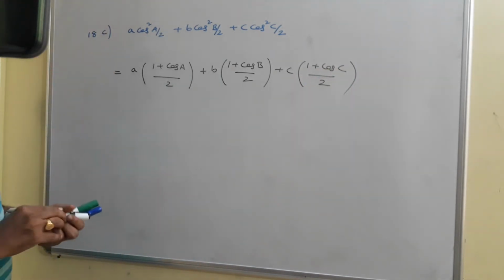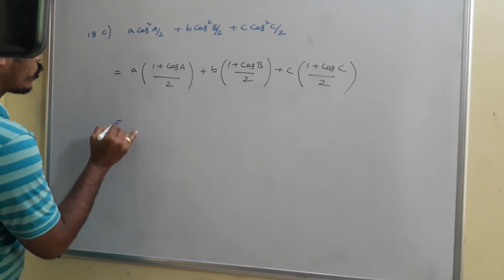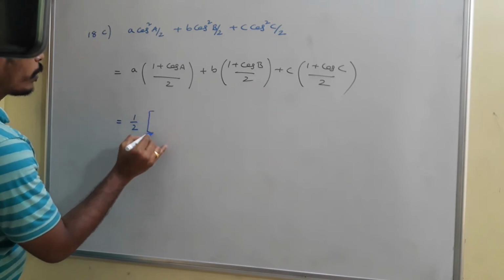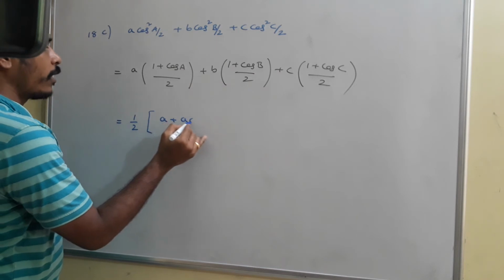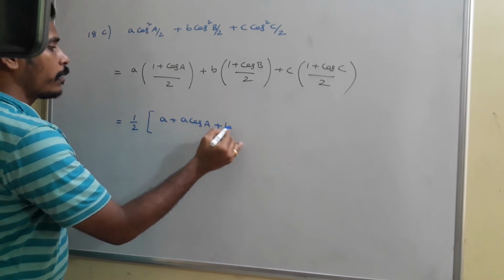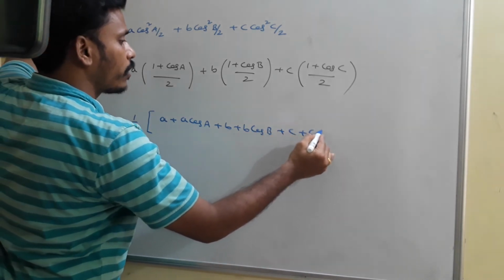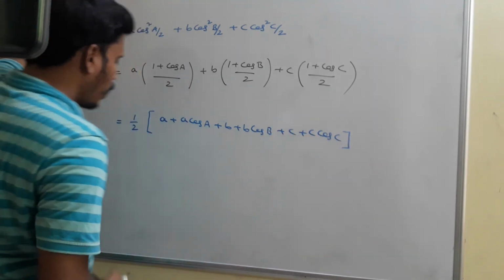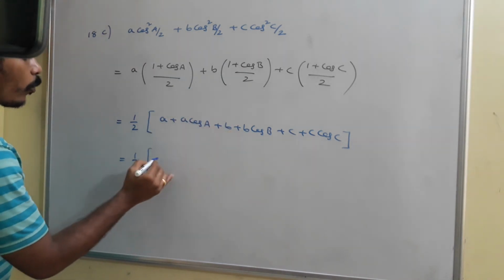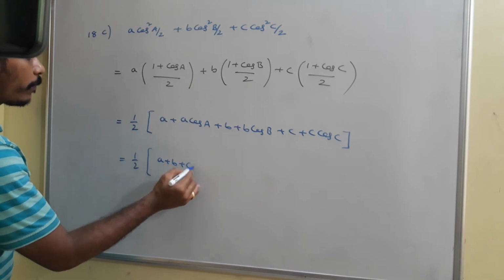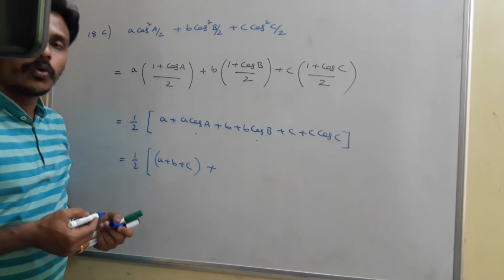And then how do we simplify further? See, A, B, C, everything is involved there. So this is equal to half of, so 1 by 2 is common in all the cases, if you multiply with A plus A cos A plus B cos B plus C cos C. And now this is equal to half of, you just collect A, B, C in one group, A plus B plus C, plus this A cos A, B cos B, C cos C. How to rewrite it?